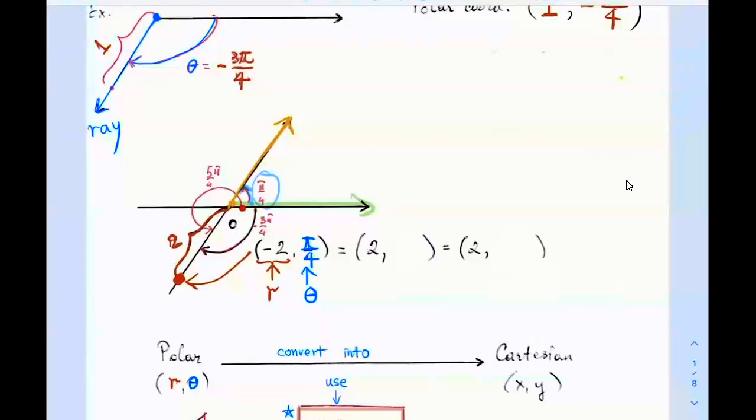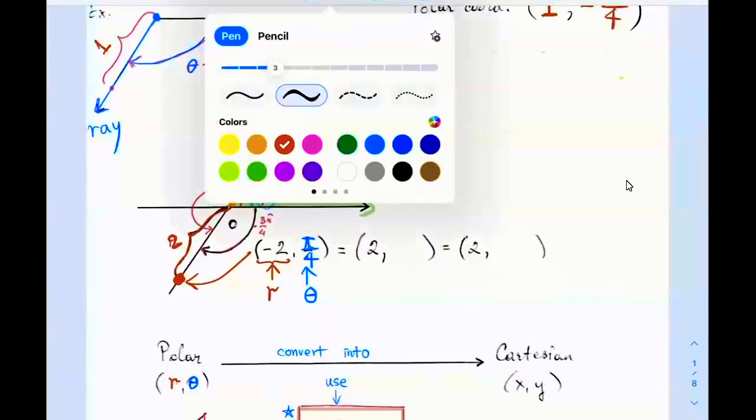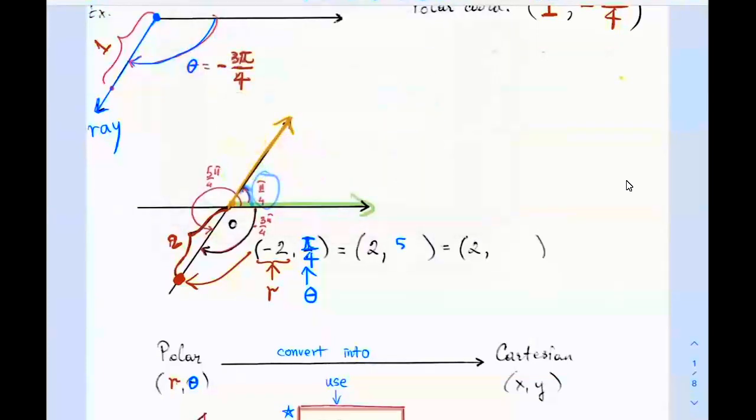What will that angle be? 5 pi over 4, yes, you got it. If you go 5 pi over 4 counterclockwise, the ray points this way, and then you go along the direction of the ray 2 units away from the pole.